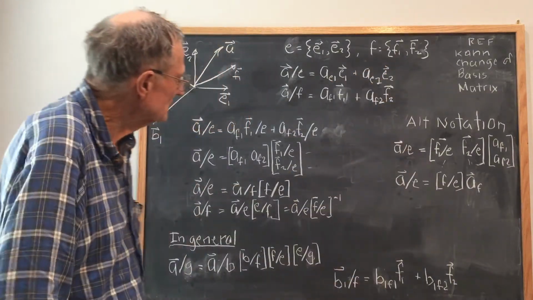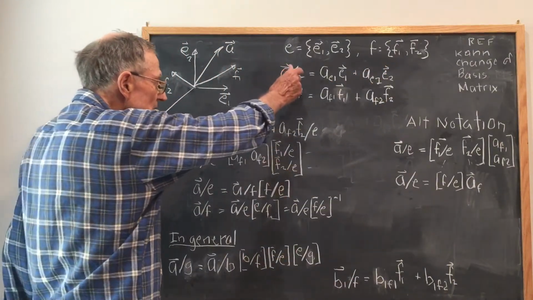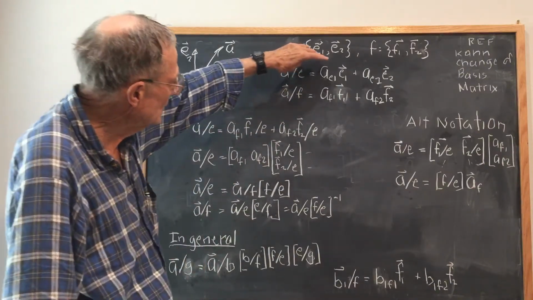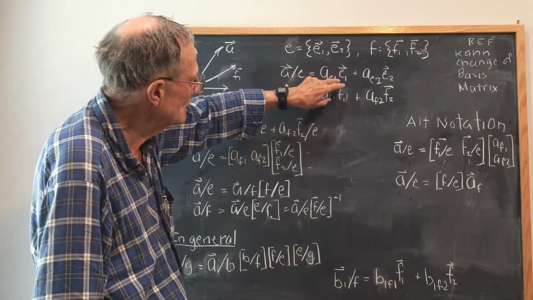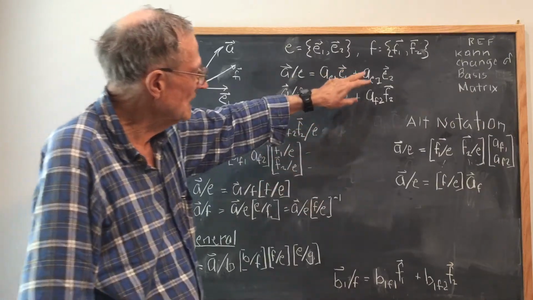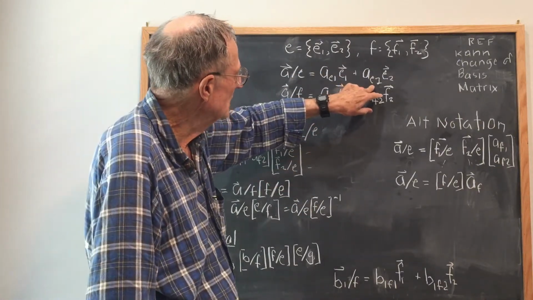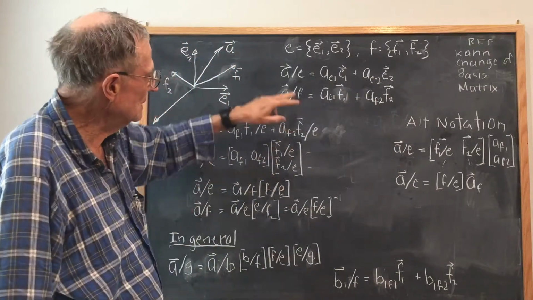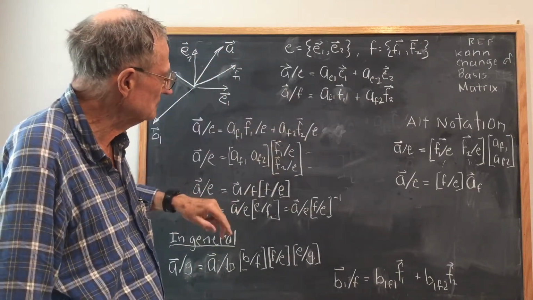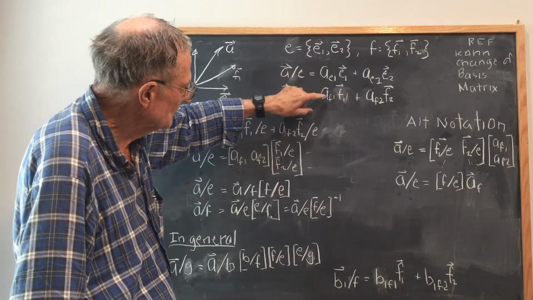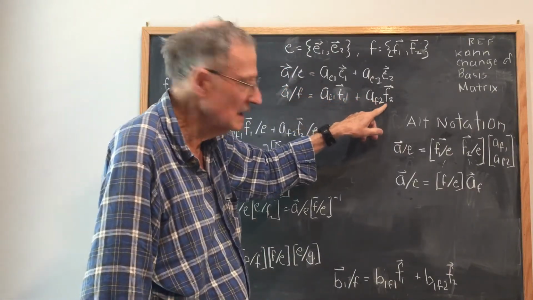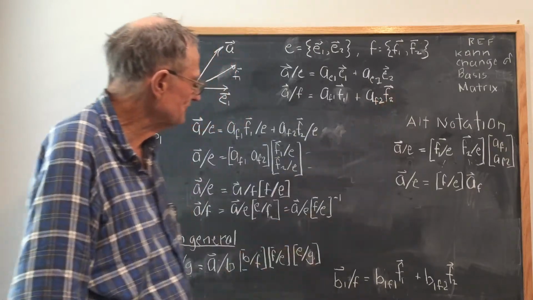Then A with respect to the E coordinate system is A with respect to E1 times E1, plus A with respect to E2 times E2. In the same manner, A with respect to the F coordinate system is A with respect to F1 times F1, plus A with respect to F2 times F2.